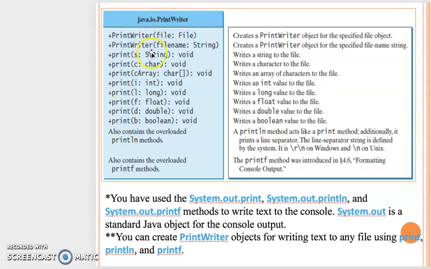You can print a string, char, int, long, or double to write to the file. There is also println, which adds a new line at the end, and printf, which displays a string in a format.